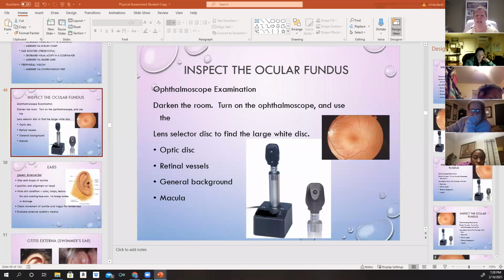You turn it on, and then you use the lens selector disc to find the large white disc in the eye. You're looking for optic disease. You want to look at their retinal vessels to see if there's any kind of damage. You're just assessing the overall background of the eye, and you are looking at the macula. This is a very advanced skill, and I will not expect you to know it, and I will not test you on it. It's just information.